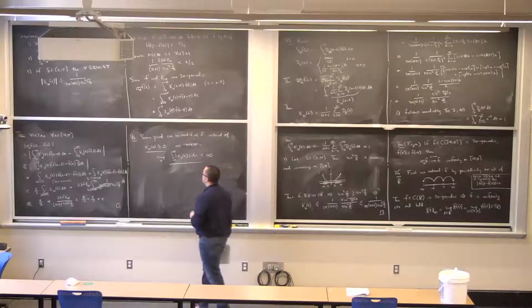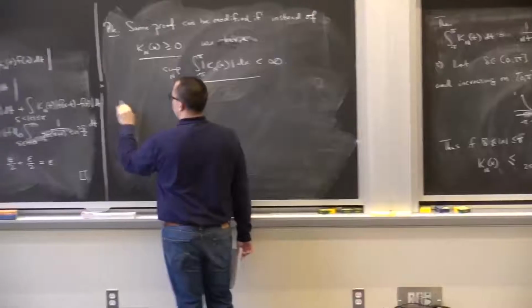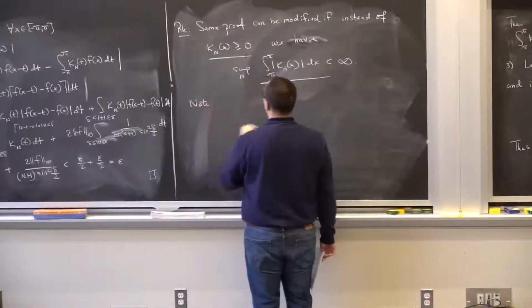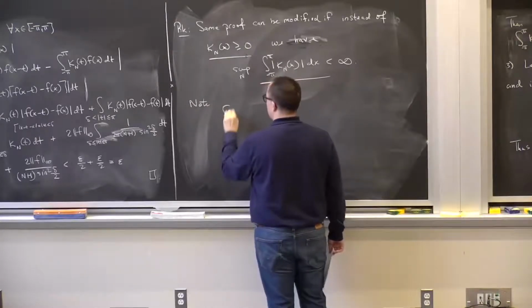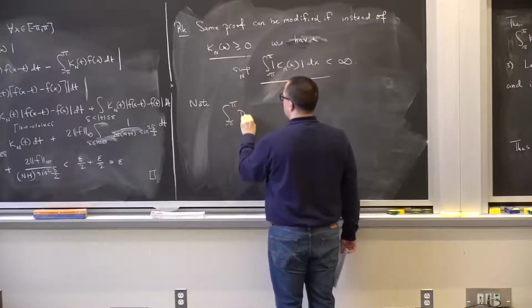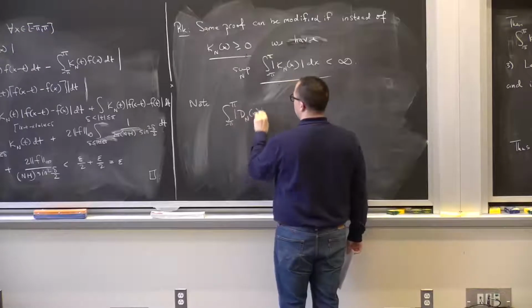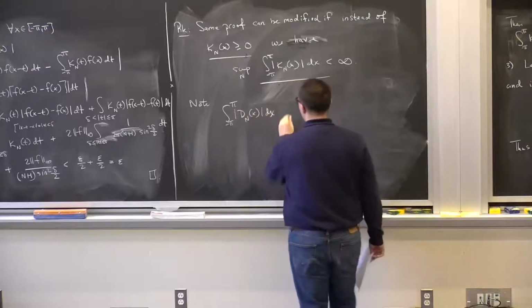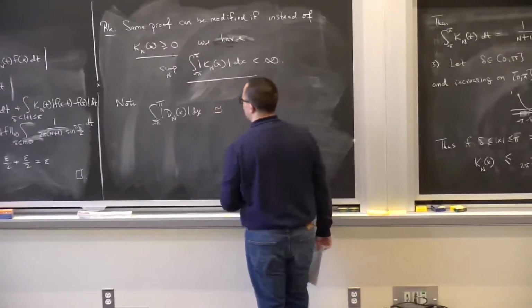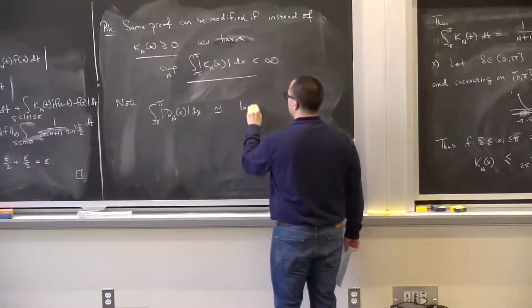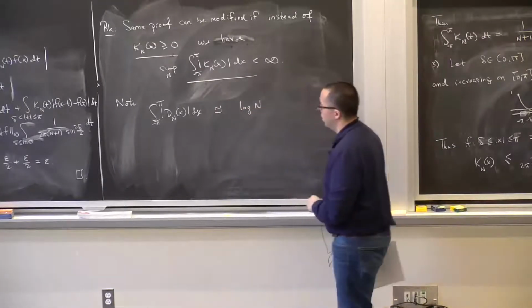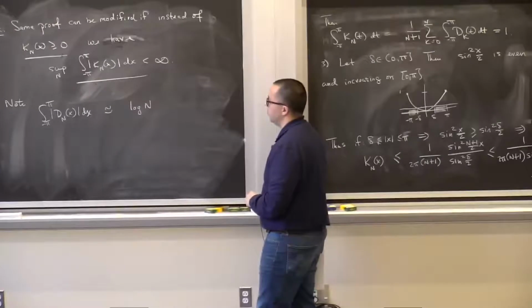Okay? But it doesn't satisfy this. If I look at the integral from minus pi to pi of the absolute value of the Dirichlet kernel, what one can prove is that this is something like log n for large enough n. Okay?